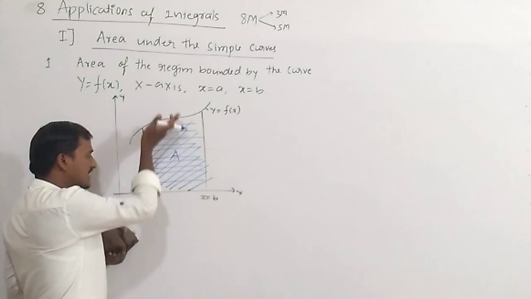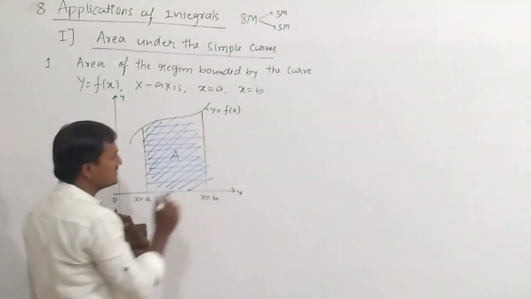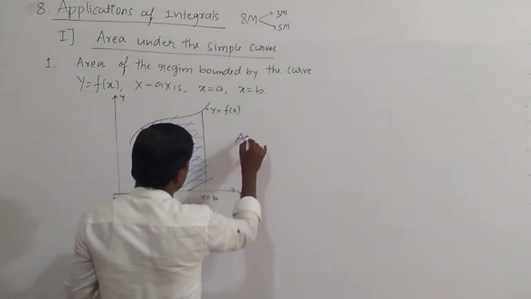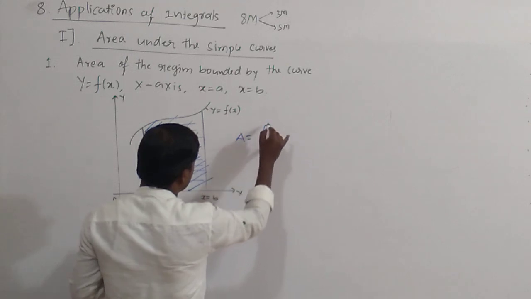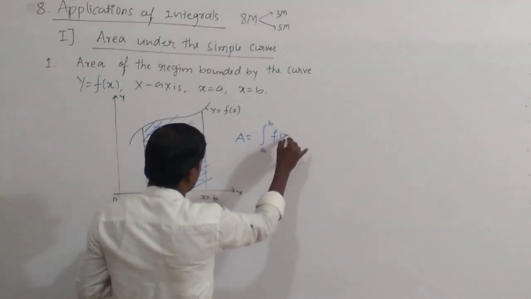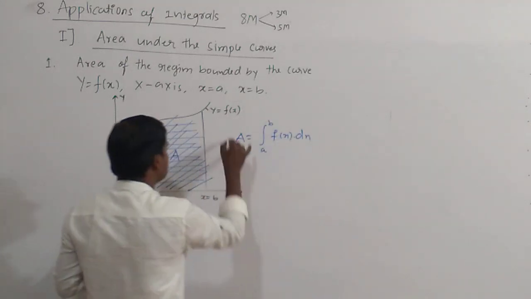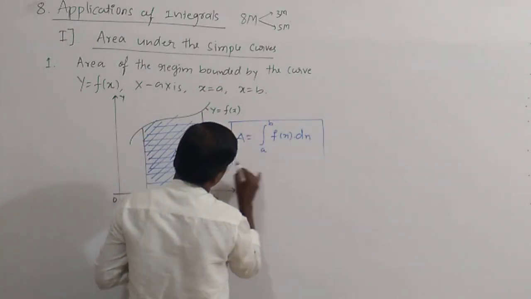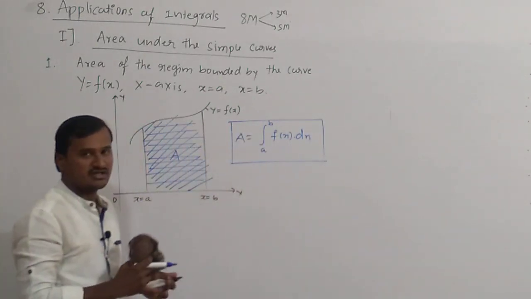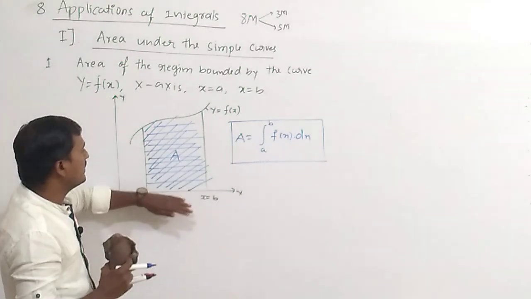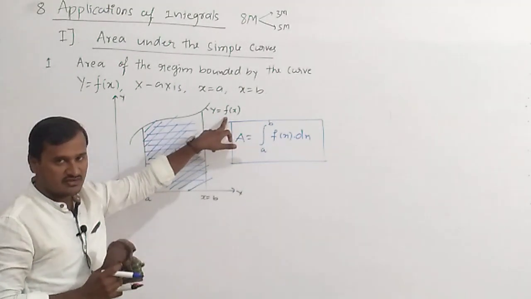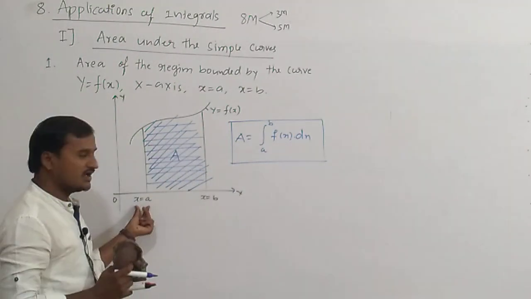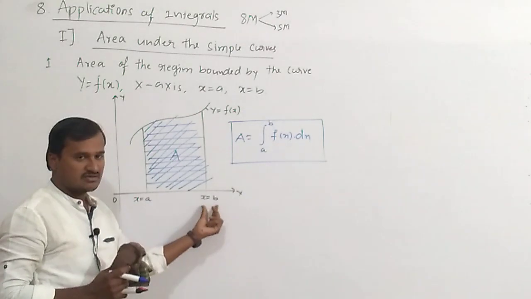So we use the formula area equals integration of a to b f of x dx. This is the formula to find the area of the region bounded by the curve y equal to f of x with the lines x equal to a and x equal to b.